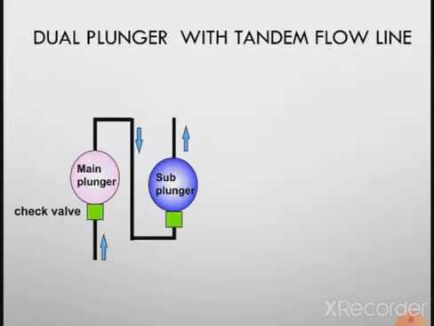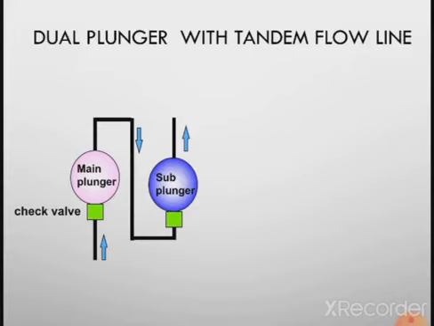So this is the next diagram in which we see the dual plunger with the tandem flow line. Here is the check valve, and the main plunger is there. This main plunger provides the forceful liquid to the second sub plunger.